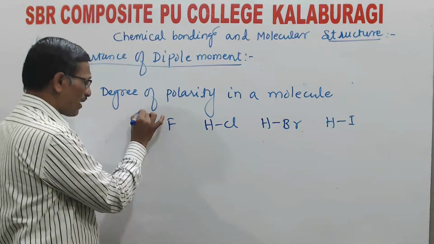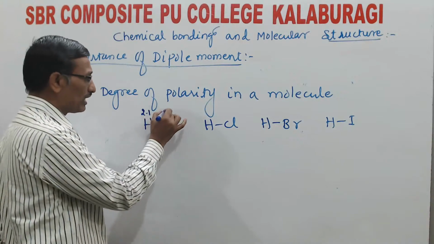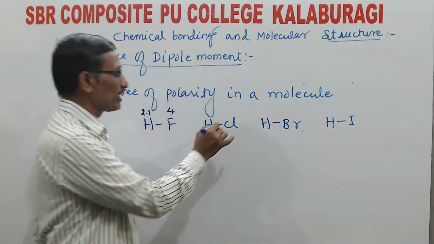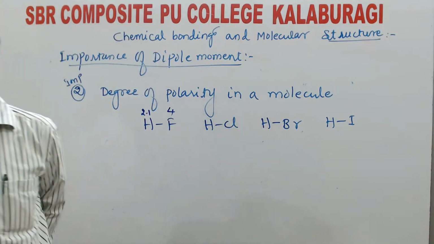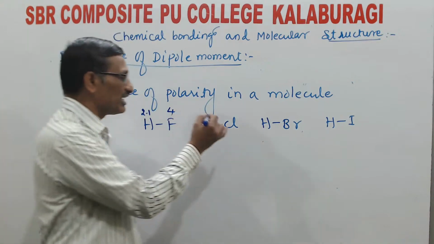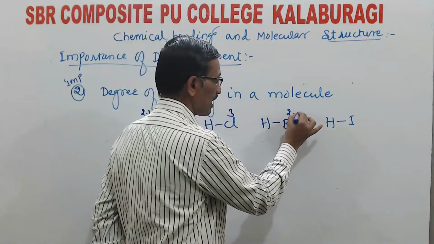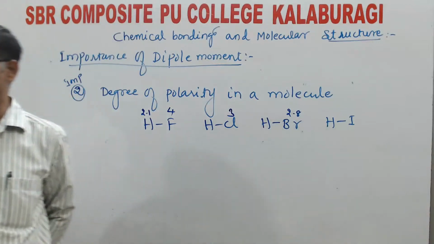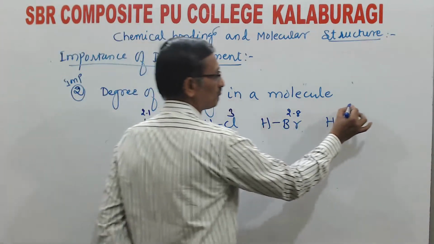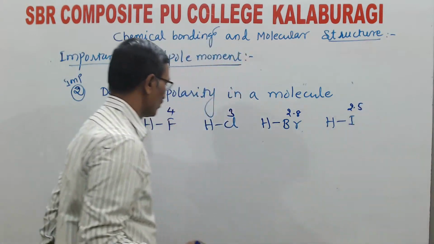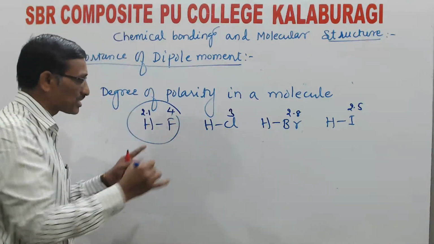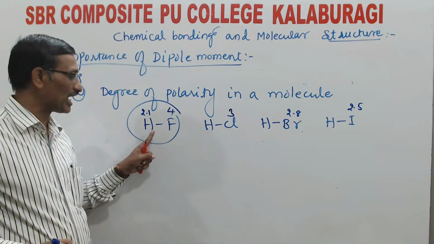Hydrogen is 2.1 electronegativity, fluorine 4, chlorine 3, bromine 2.8, and iodine 2.5. So where will be the largest difference in electronegativity value?